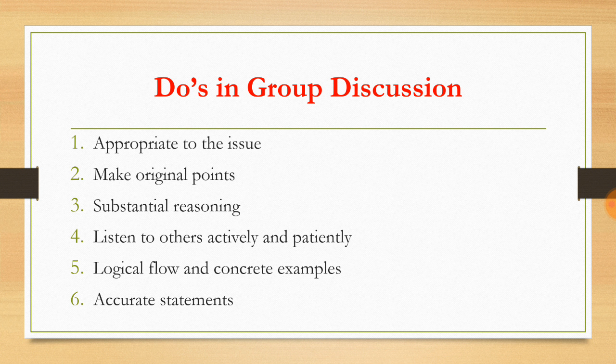Your statement should be self-explanatory. There should not be any need for the members to ask you again to express it or make it simpler. Simplicity is a very difficult thing. To be very simple is a very tough task. To be a complex person, to be a vague person, is rather very simple.